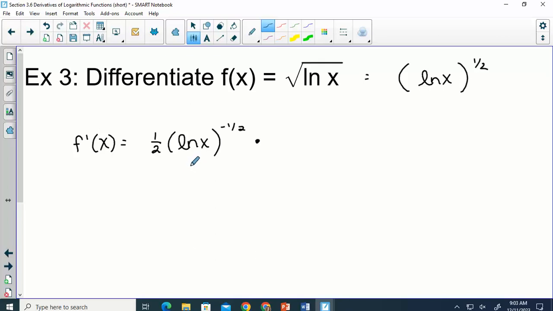What is the derivative of a natural log? And you're welcome to rewrite it if you want. We have a 2, we have an x on the bottom. A negative 1 half just means a square root on the bottom. So you could write it like this if you'd like.